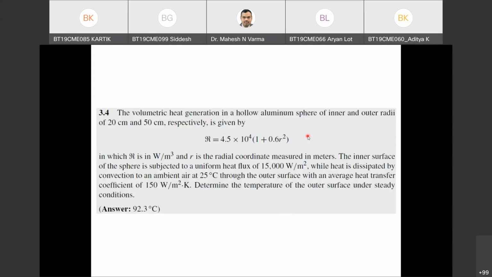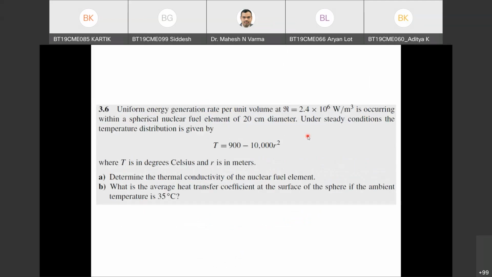Okay, now solve this problem. This is again the same thing. Only now the heat generated per unit volume is not a function of r. It is given as a total, in watt per meter cube. A nuclear fuel element is given, not a hollow one, with 20 centimeter diameter.